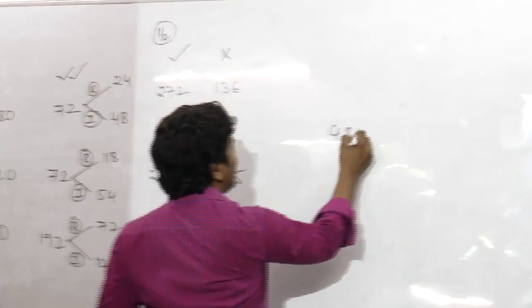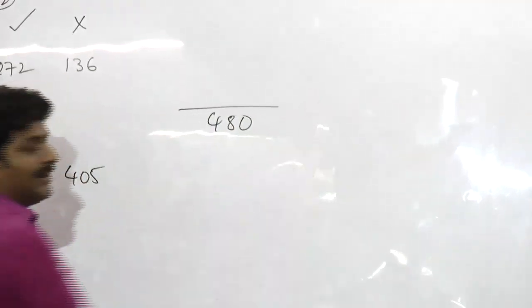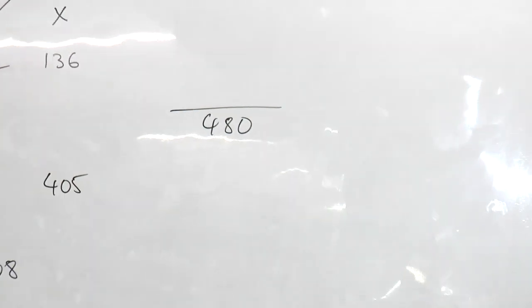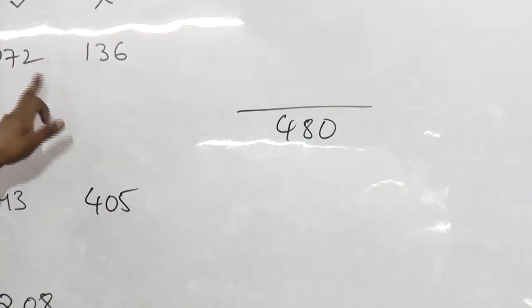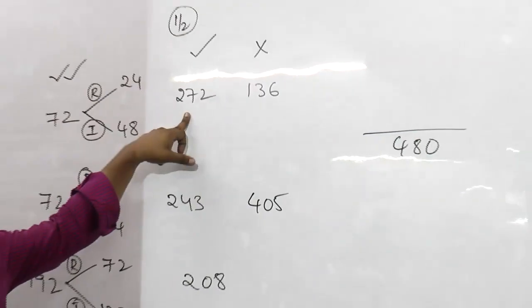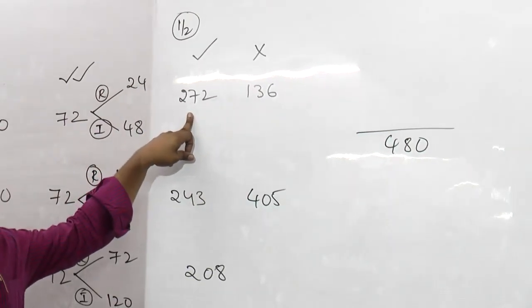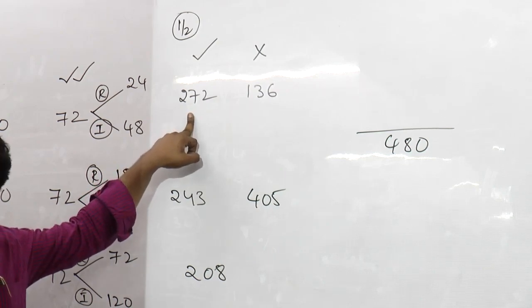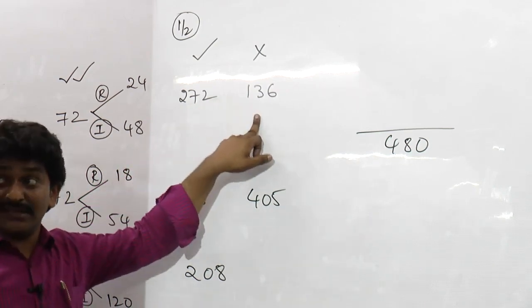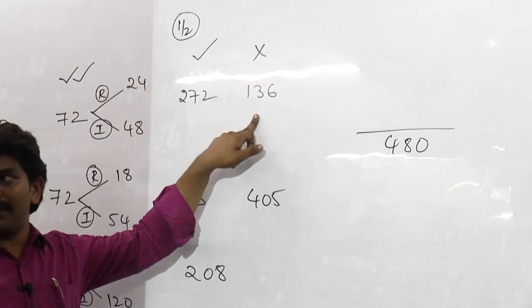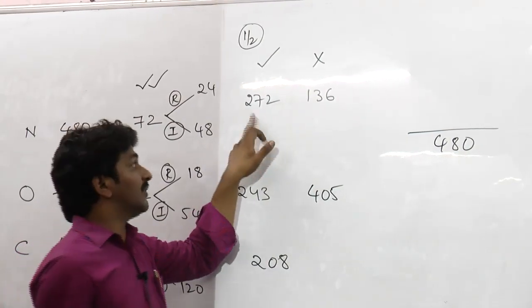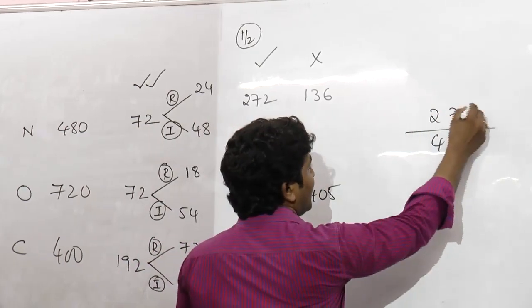Out of 480, how many need help from trust to meet remaining half of their expenditure? 272. 272 guys can pay half of their bill, but for the remaining half they need help from trust. Whereas these 130 guys need complete help from trust. You're talking about only to meet half their expenditure, which is 272.